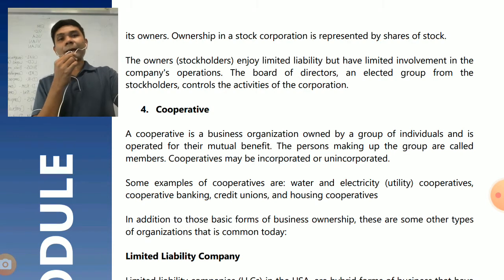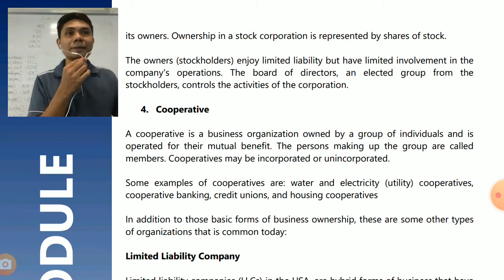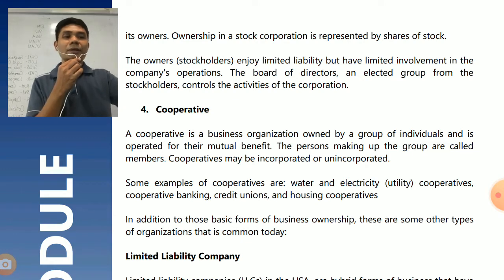So best example is our own MOELCI, Misamis Occidental Electric Cooperative, meaning it is owned by a group of people and of individuals and is operated for their mutual benefit. Di ba? So, kita tanan, konsumante and miyembro sa MOELCI, nag-contribute ta for our own benefit. That is what we call as a cooperative.